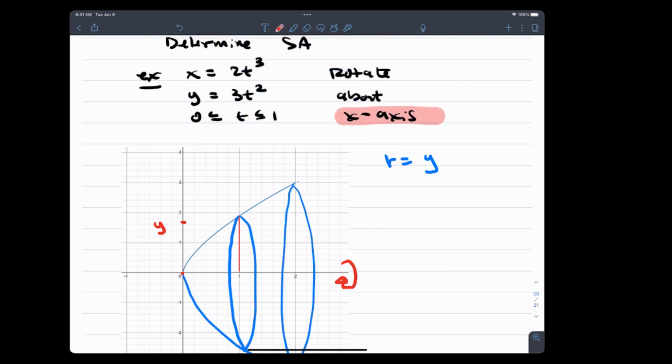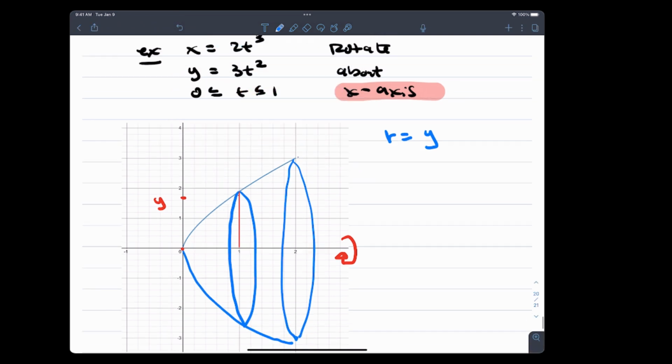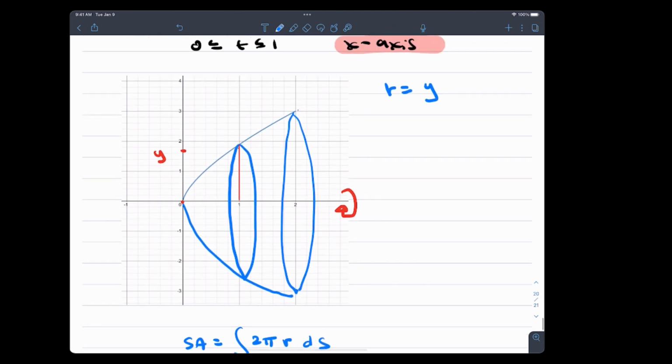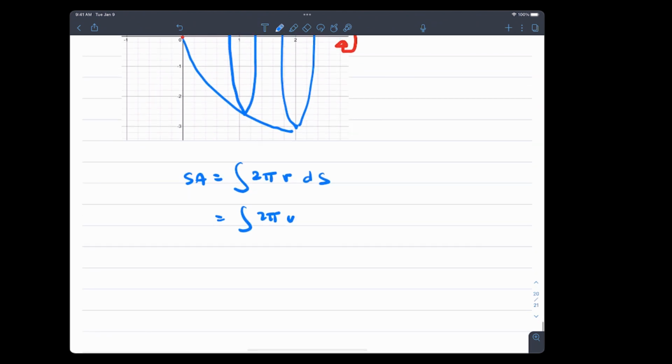Now, why is that important? Because what's your surface area formula? Generally speaking, 2 pi r ds. Well, your radius we said was y, so it's 2 pi y ds.